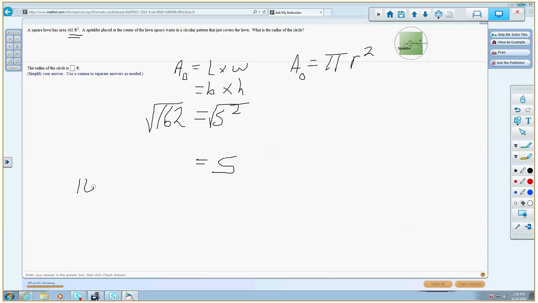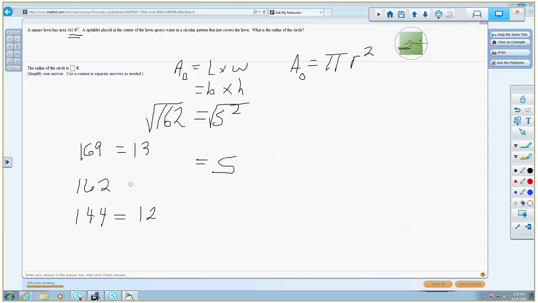162 is between 144 and 196. The square root of 196 is 14, and the square root of 169 is 13. And the square root of 144 is equal to 12.